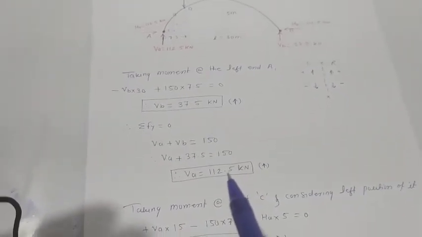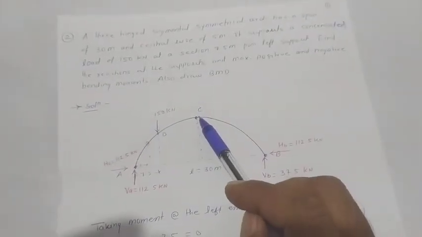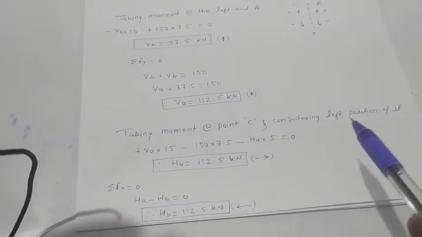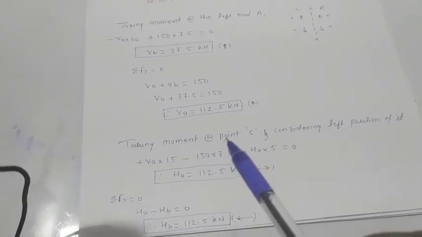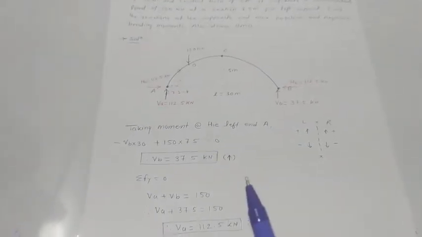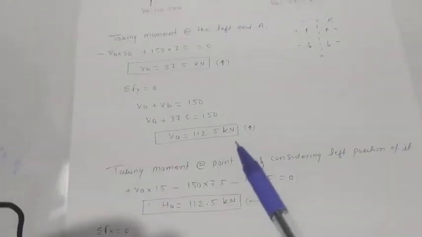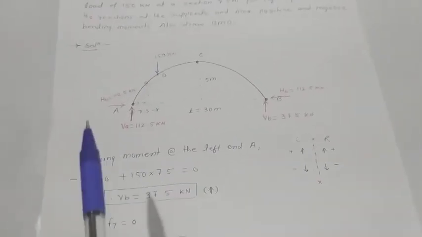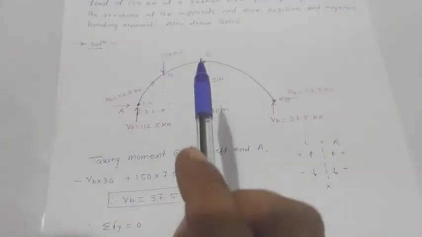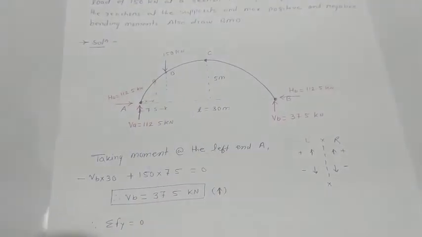Similarly, we can take the moment about point C, that is the central point. So just take the moment about point C and consider the left portion of it. So Va into 15 minus 150 into 7.5 plus HA into vertical distance 5.